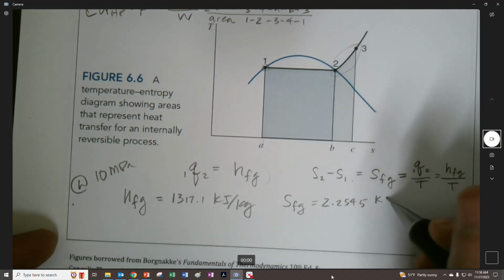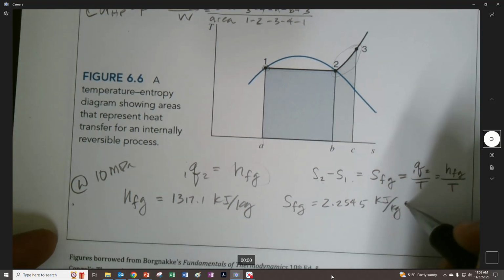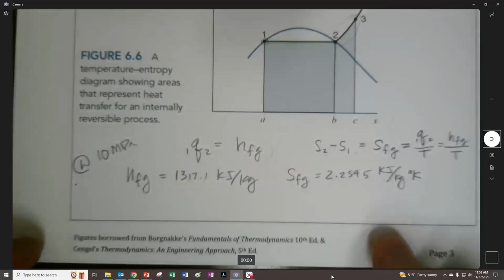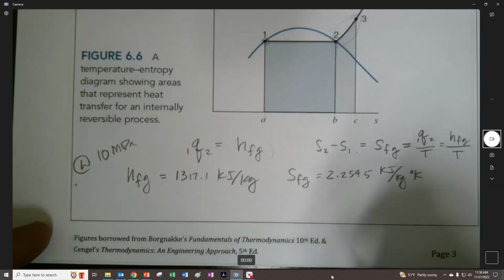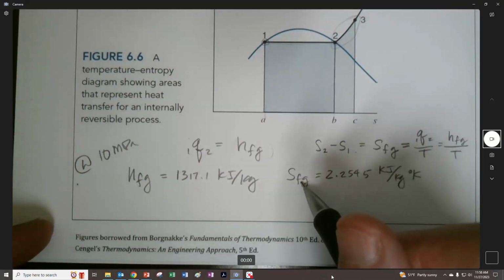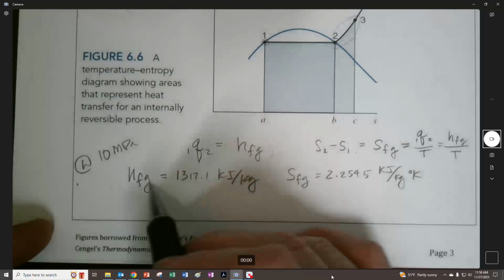And these are kilojoules per kilogram Kelvin, their entropy designation. And so let's find out what this equals.